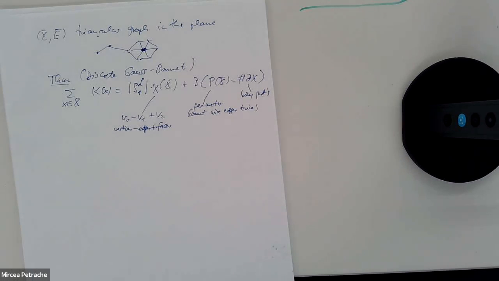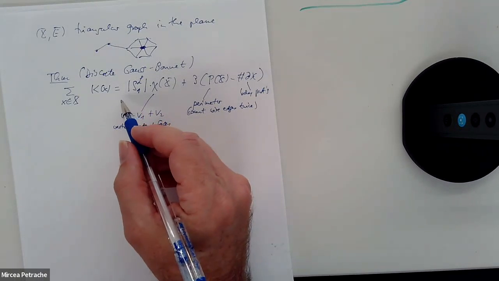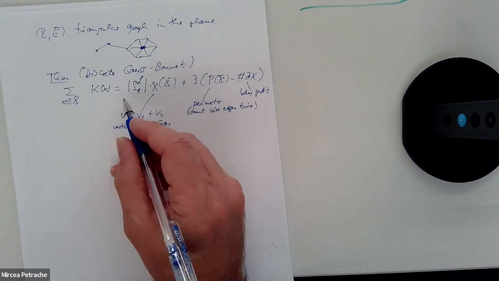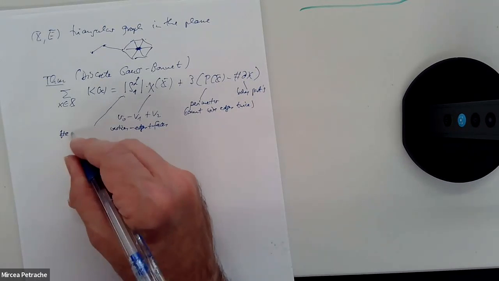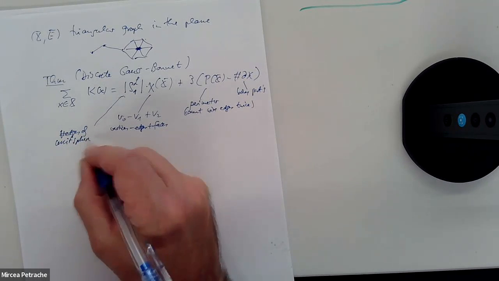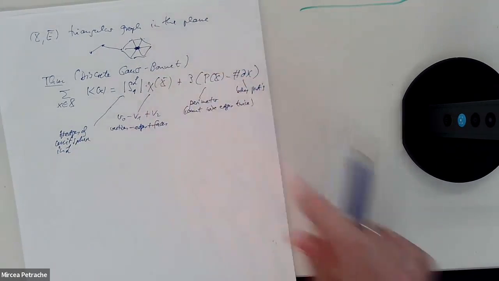Now this is the size of the unit sphere in the graph metric, so the number of edges of the unit sphere in the triangular reference lattice, like here.